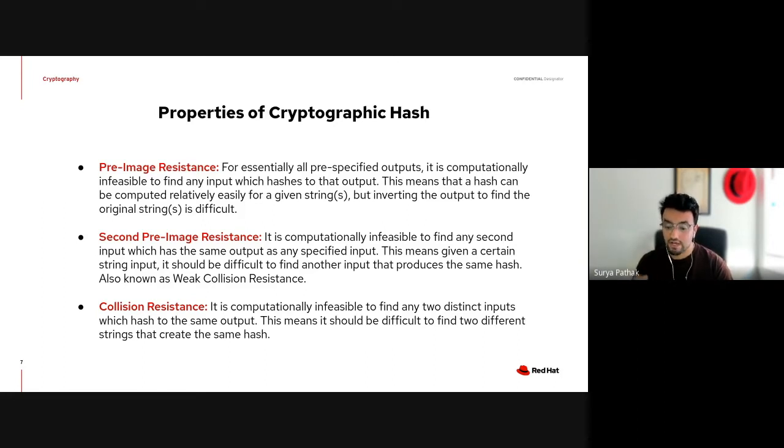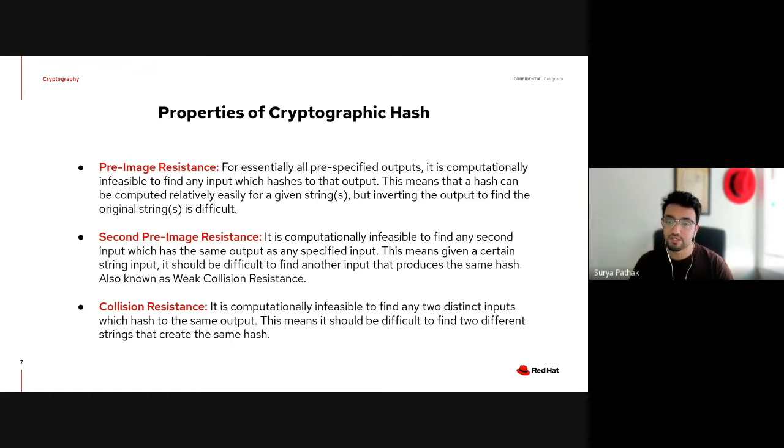For the hash function to be validated as a good cryptographic hash, it should not be possible to retrieve the original word. Say, for example, if you are hashing the word apple, the hashed version of apple should not retrieve the word apple if you apply any kind of inversion technique.